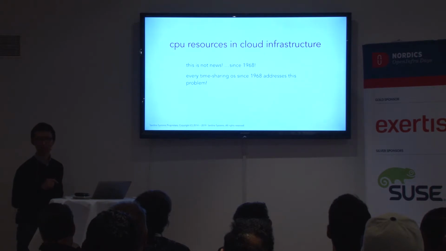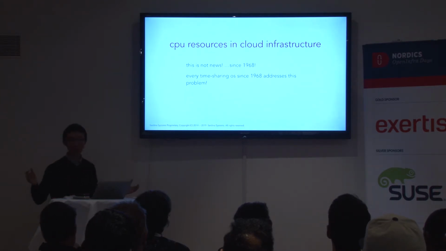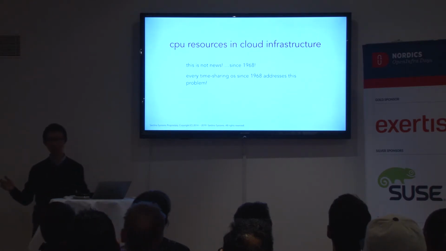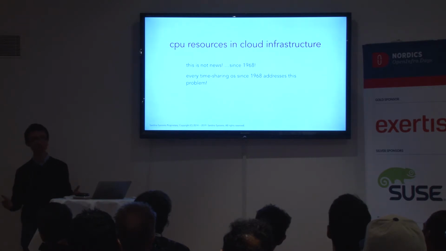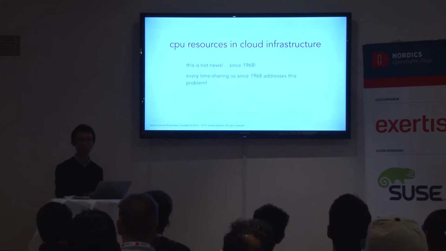It's the concept since 1968. Why 1968? Because when time sharing was invented, it's been dealt with that way, and yet we have 2019, and yet some folks are still telling us, yeah, we need to fix vCPUs to the host. Yeah, right. Go and read your OS textbook.